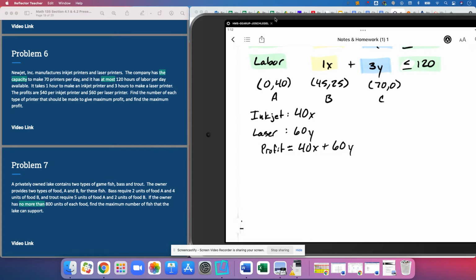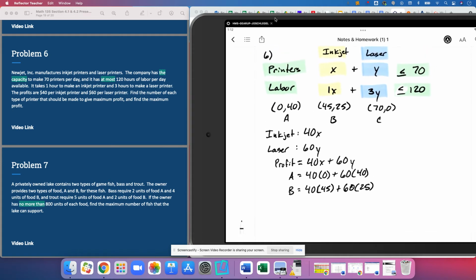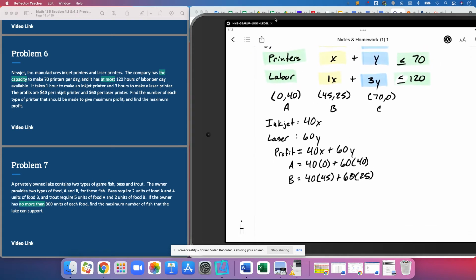And of course, as we have been, we're going to be taking these values, option A, and putting them in our profit function. So we have 0 inkjet and 40 laser is one option. We have 45 inkjet and 25 laser as an option.